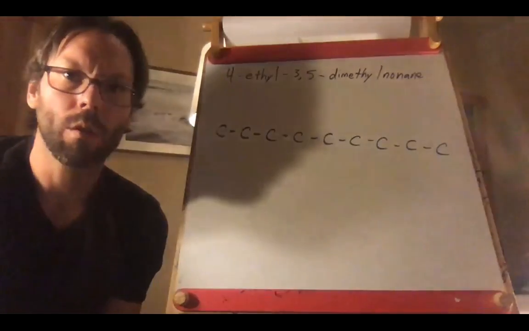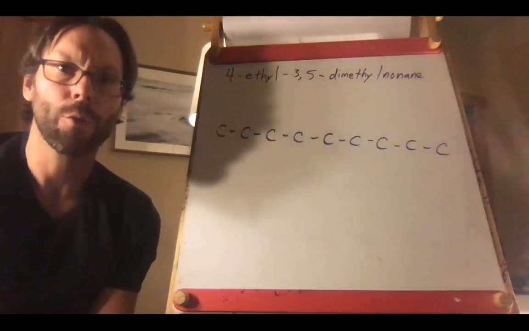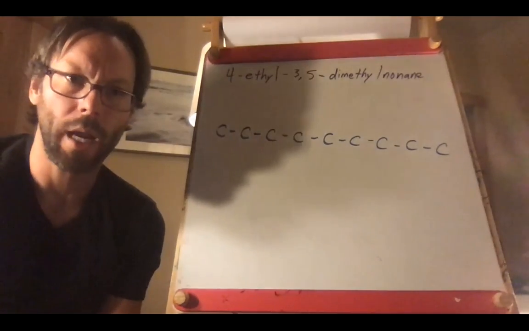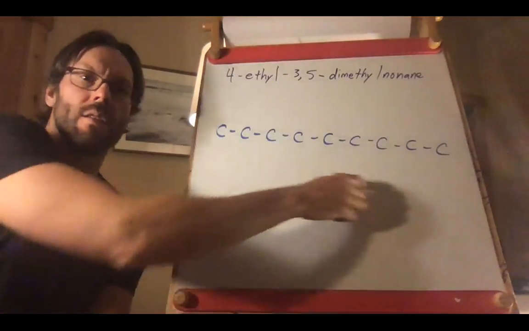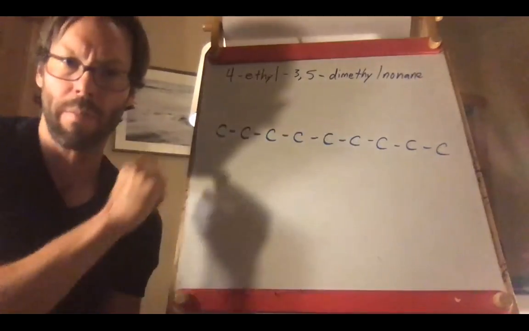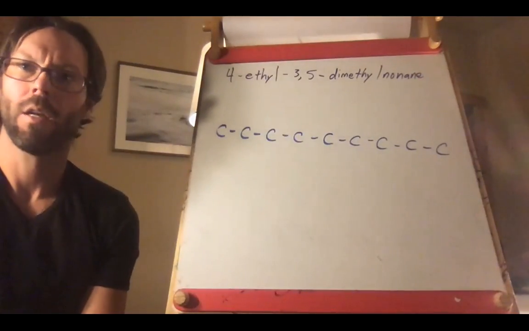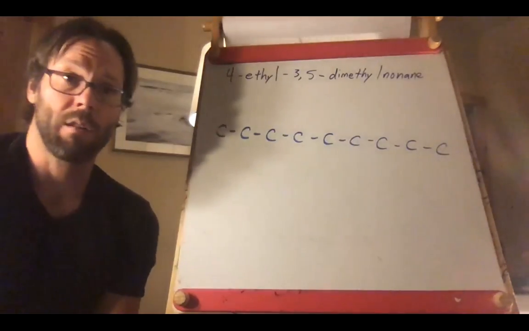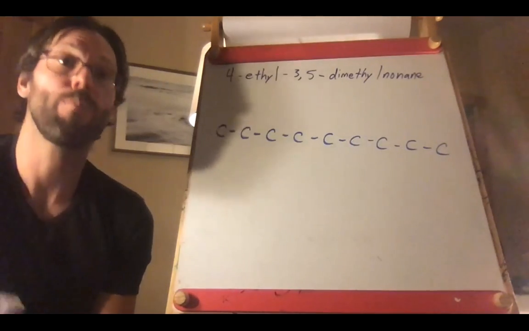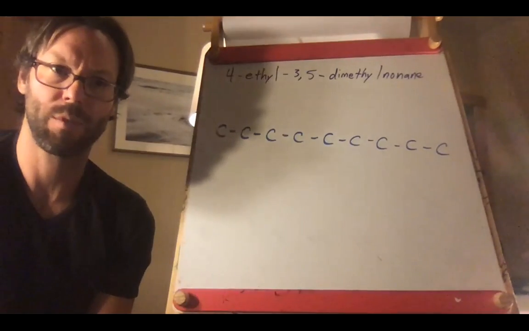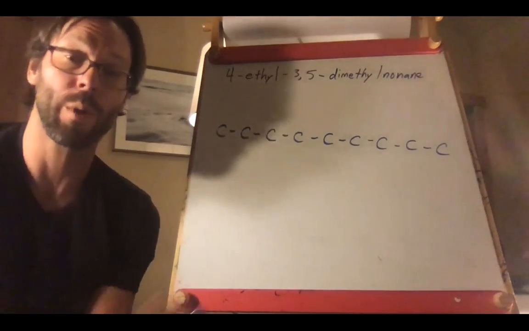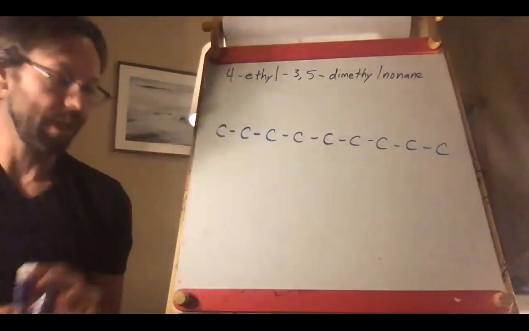Okay, so it's 4-ethyl 3,5-dimethyl, no name. And all they've given us is the 9 carbons that make up that longest chain, okay? So in this case, it doesn't matter where we number it, because we're putting in the substituents where we need to, but they're not already here.